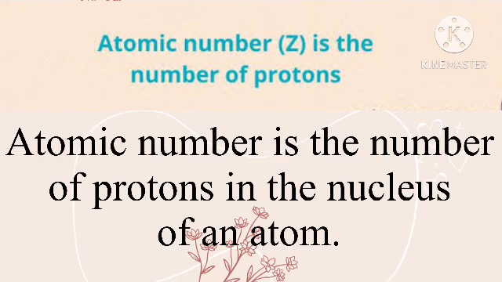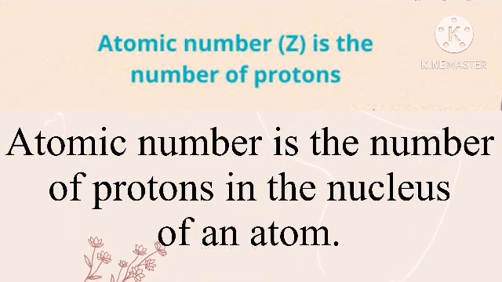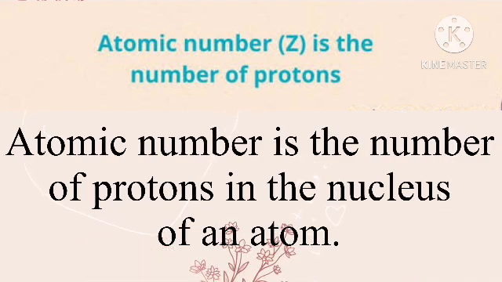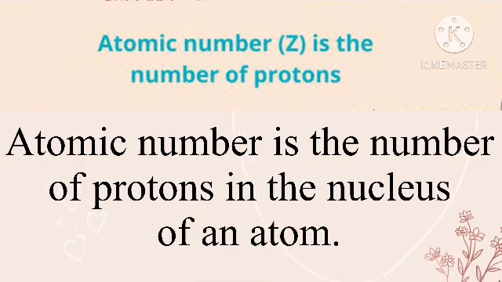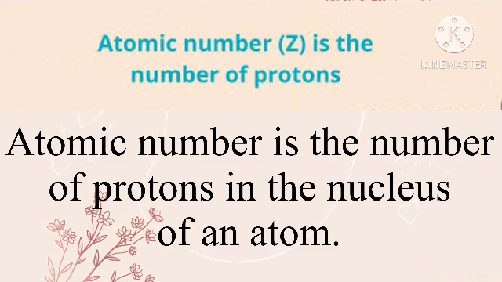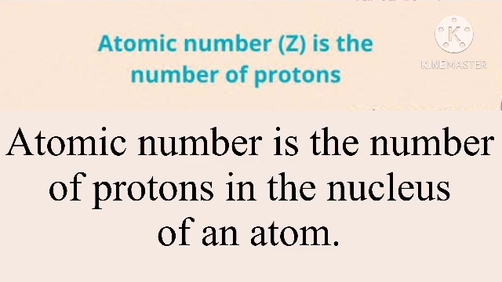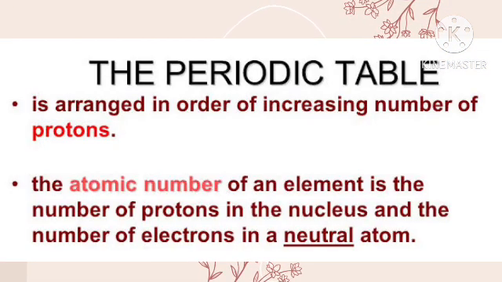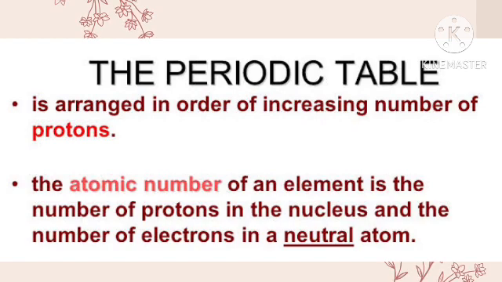The atomic number of an atom identifies which element it is. In a neutral atom, the atomic number is equal to the number of electrons orbiting the nucleus. The elements of the periodic table are listed in order of increasing atomic number.